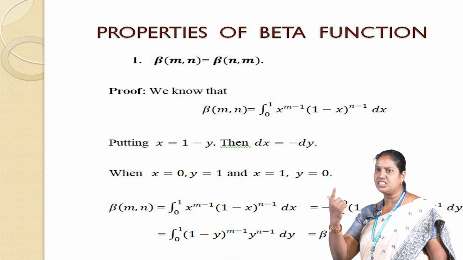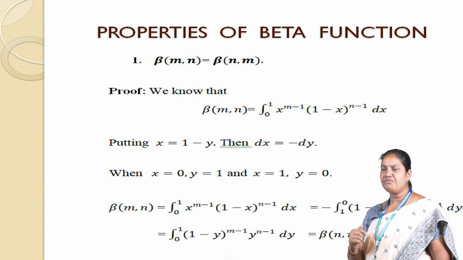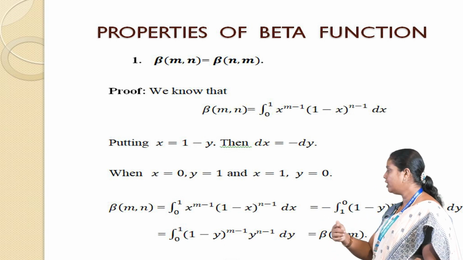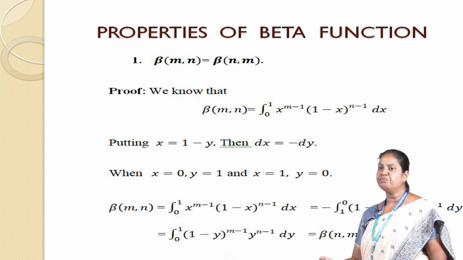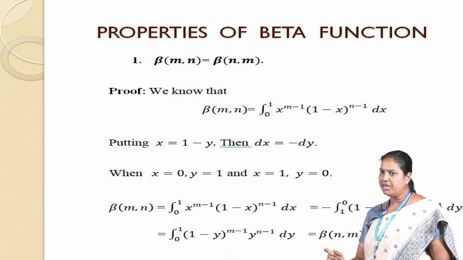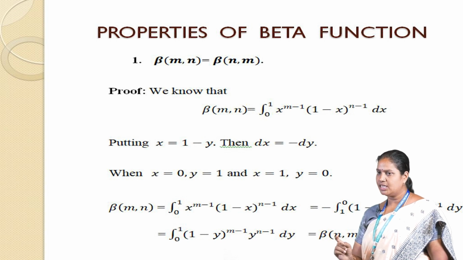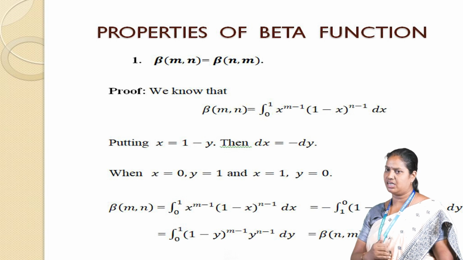Now we substitute all this in the given beta of m comma n expression. We get beta of m comma n is nothing but the integral 0 to 1 x power m minus 1 into 1 minus x whole power n minus 1 dx, which is equal to, that x is nothing but 1 minus y whole power m minus 1, and 1 minus x is nothing but y, so y power n minus 1. dx is nothing but minus dy, so we are taking the minus outside because it is a constant.